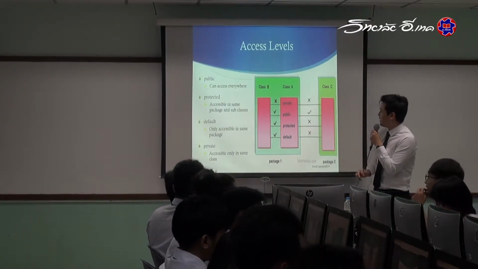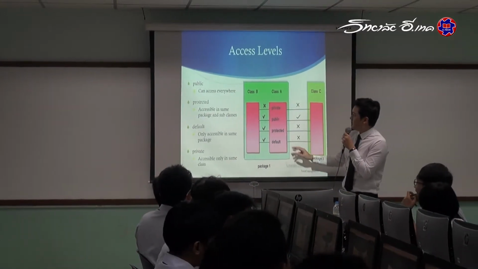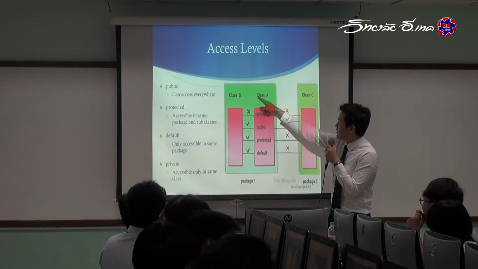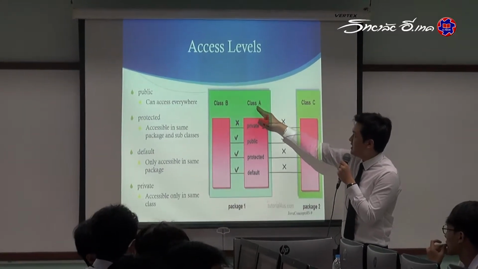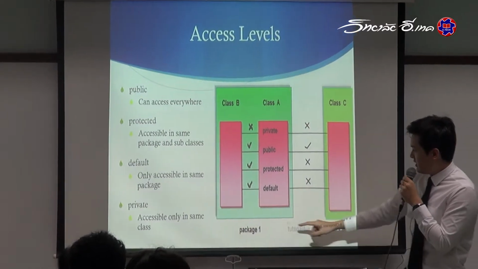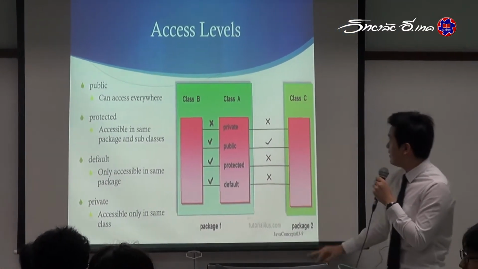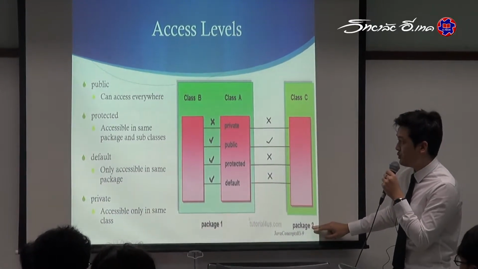Right. So have a look at this picture. In this picture, we have 3 classes: Class A, Class B, and Class C. Class A and Class B are in package 1. Class C is in package 2, right?